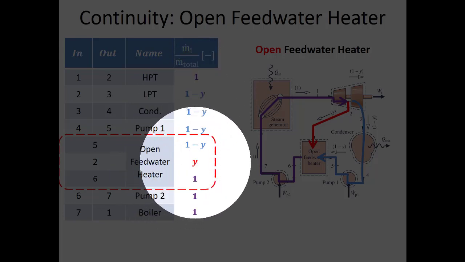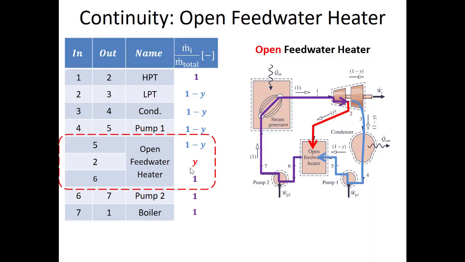And then at the inlet to the feedwater heater, I'm talking about state 2 getting the diverted mass flow. So we have to think about what's the mass flow rate at a given port in a given component, right? And it doesn't necessarily just get tied to one state, because one state can have different mass flow rates depending on which component we're looking at.